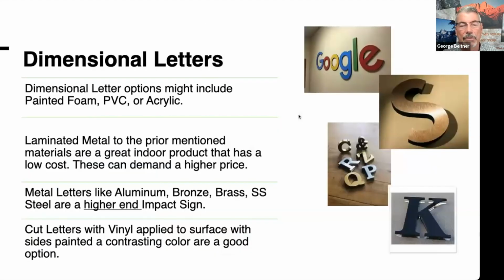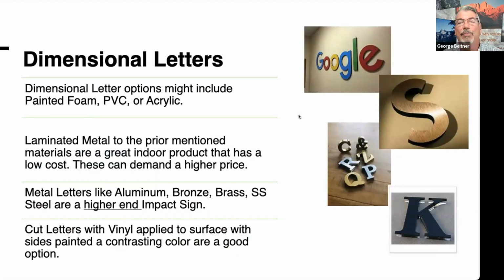Dimensional letter options might include painted foam, PVC, or acrylic. Laminated metal, to the prior mentioned materials, are a great indoor product that has a low cost. These can demand a higher price. Metal letters like aluminum, bronze, brass, stainless steel are a higher end impact sign.